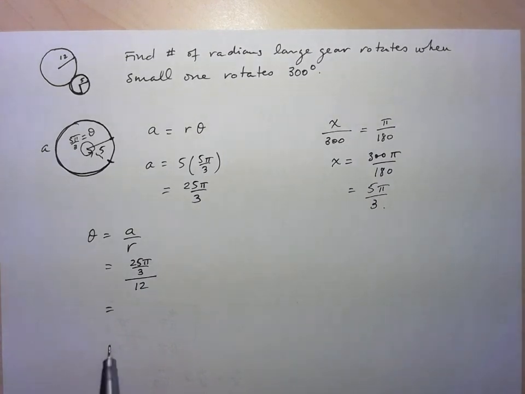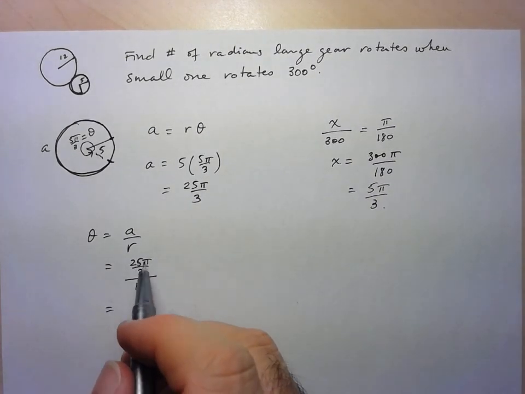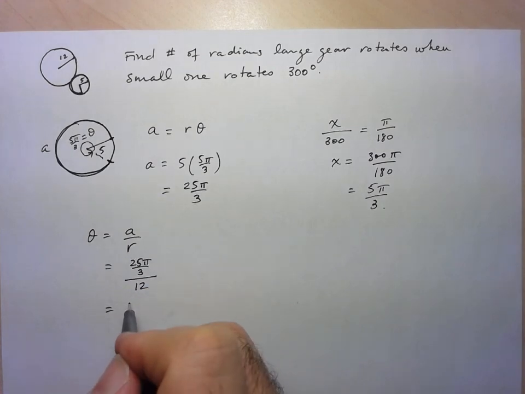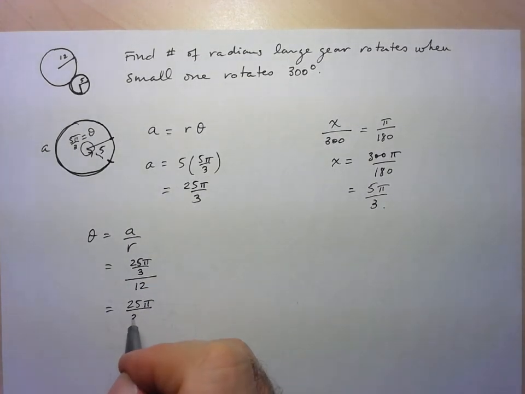So 25 pi over 3 divided by 12 is the same as 25 pi over 3 times 12, which is 36, and you can't simplify that.